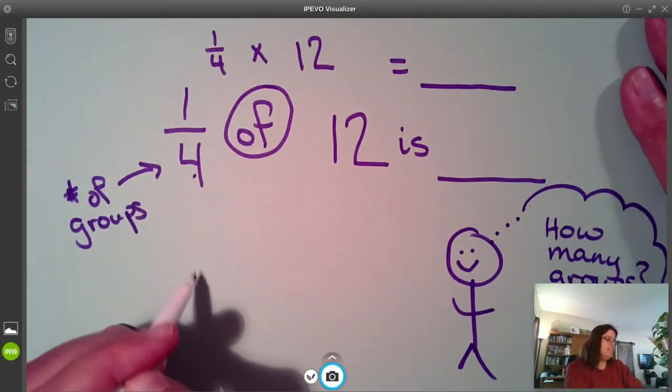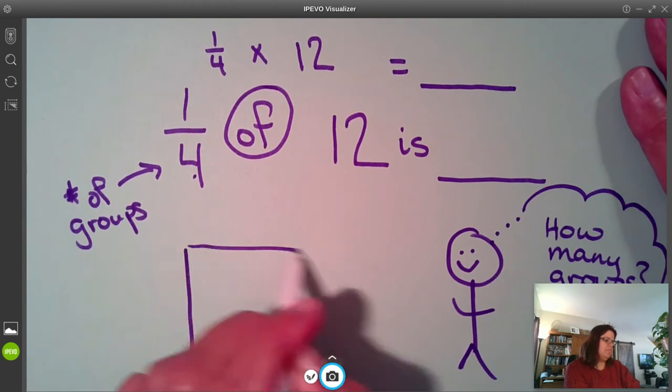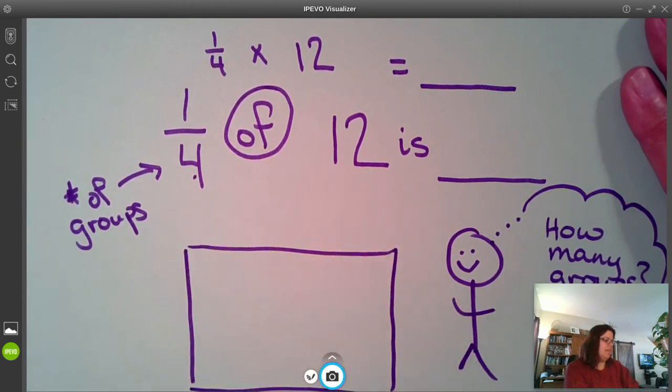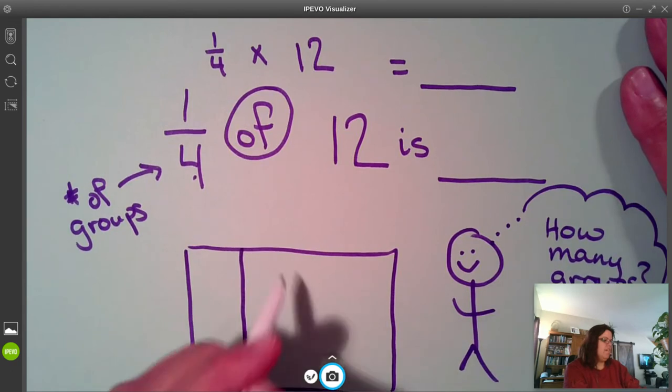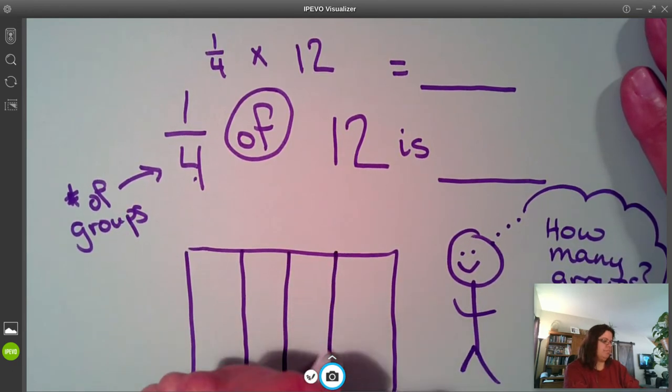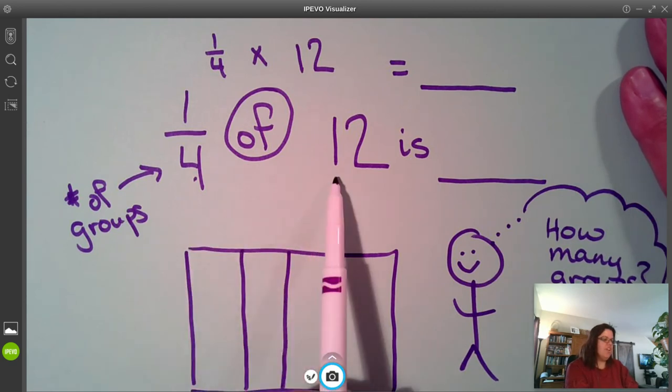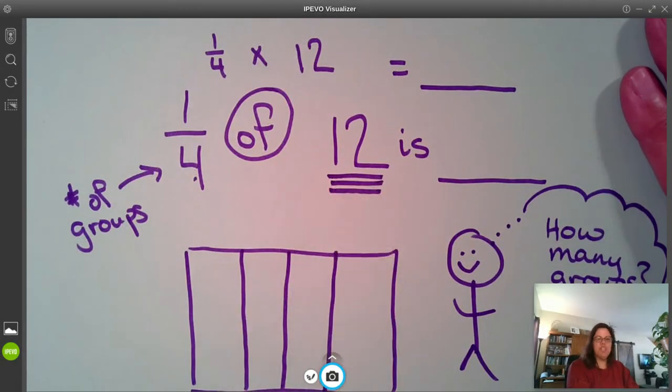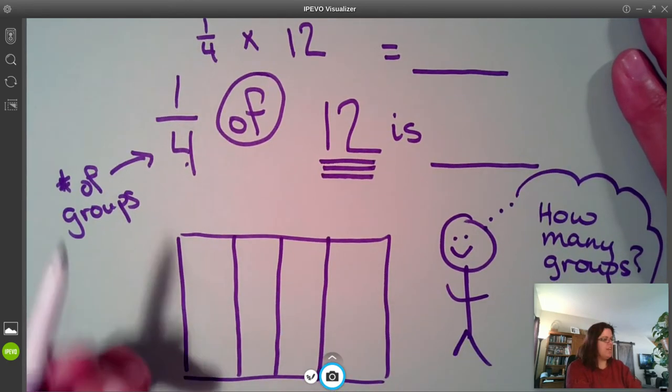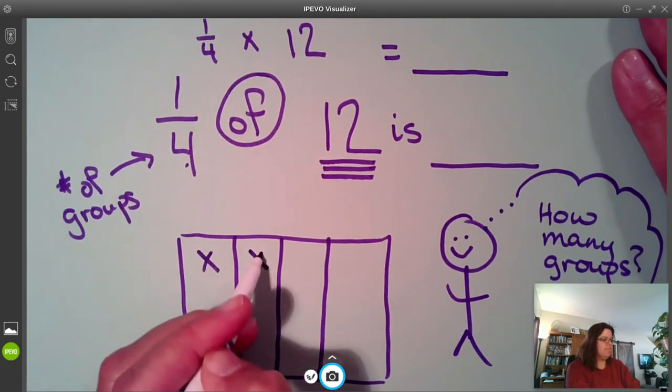So I'm going to set up a box to put my array in, and I'm going to make 4 sections. Okay, so I have 1, 2, 3, 4. So now I have to figure out, how do I put my 12 inside this box? I can do a couple of things. I can just pass them out one at a time.